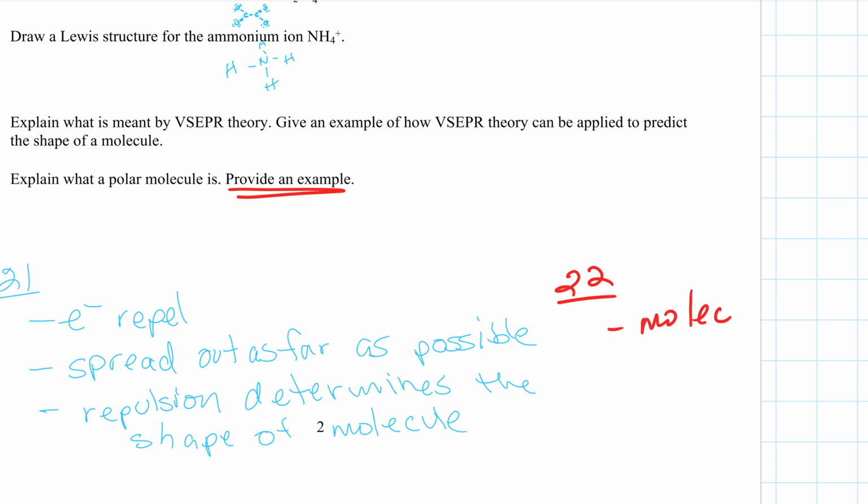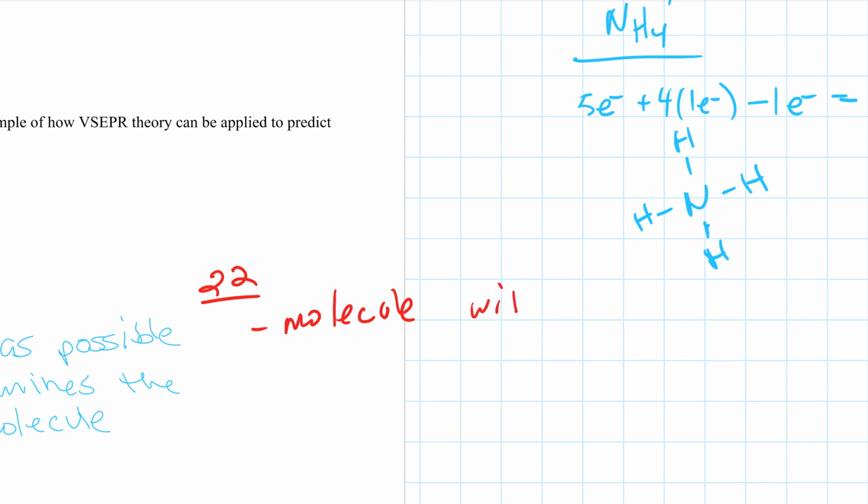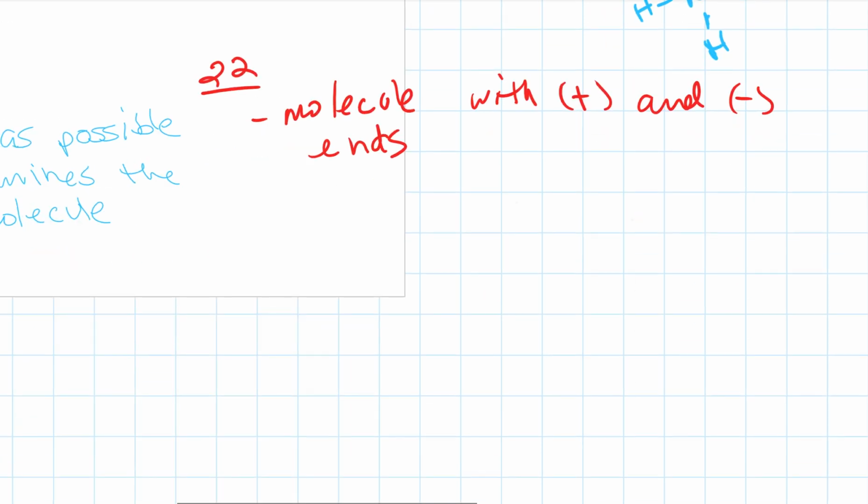This is a molecule with positive and negative ends. All right. So an example. I'm going to give you the most common one, H2O. Now, don't just give the example. Explain it. All right. So that's what I'm going to do here.